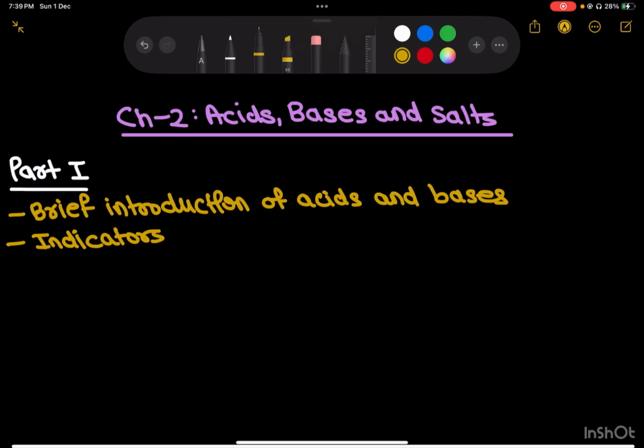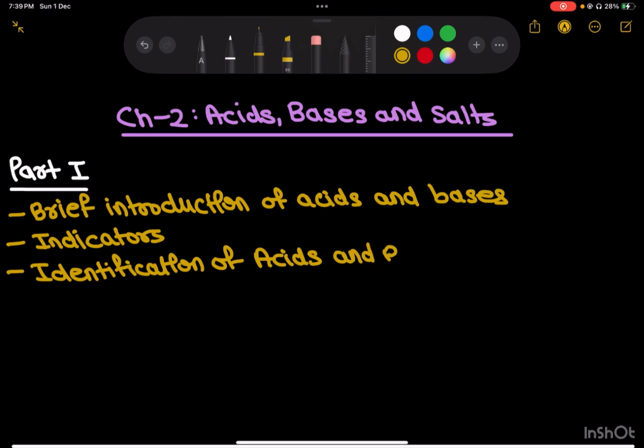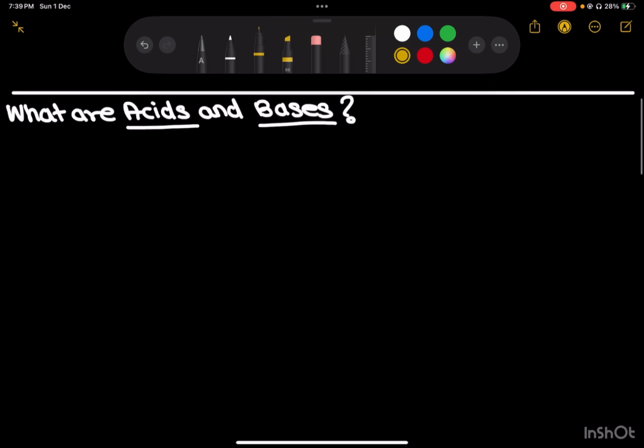We'll see each one in detail, correct? And after indicators, we are going to see the identification of acids and bases using indicators. So what color change occurs when an indicator is added in an acid or a base? That's what we are going to see in the last part. Okay, so let's start with the brief introduction of acids and bases.